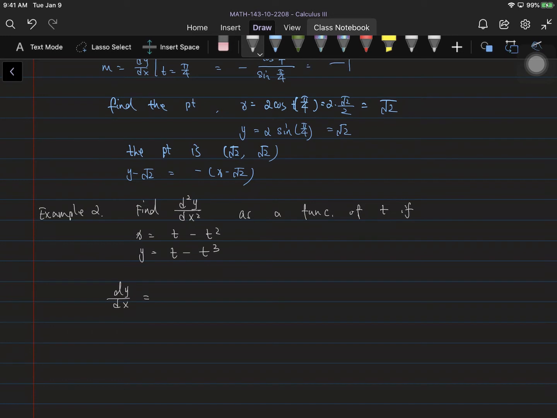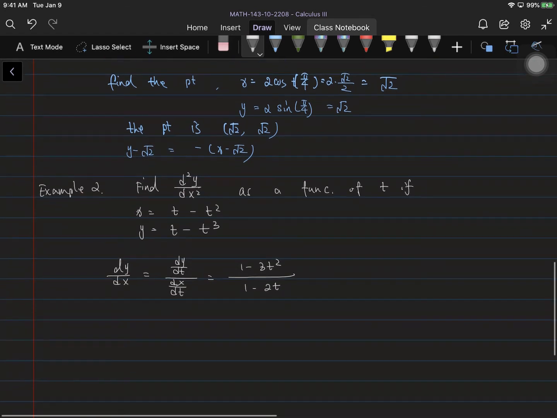First derivative, same thing as before. That's going to be dy dt over dx dt. Derivative of y in terms of t should be 1 minus 3t squared. Here should be 1 minus 2t, dx dt, right? That's the first derivative.